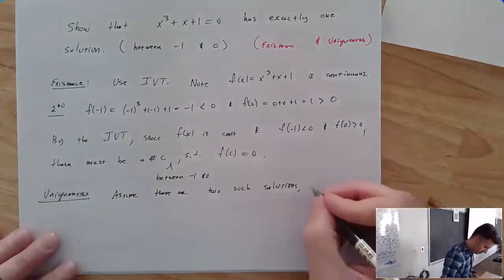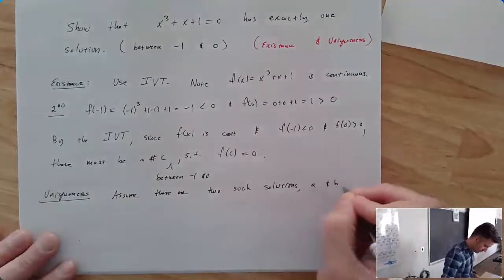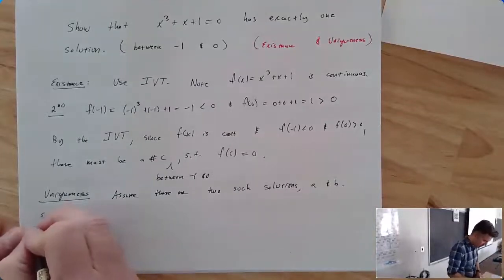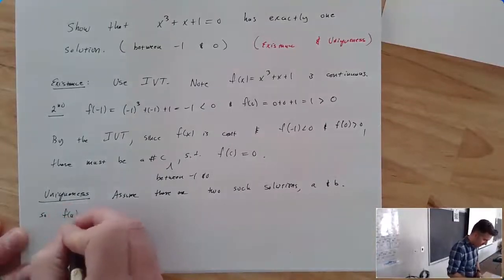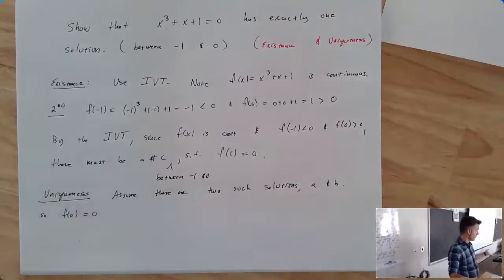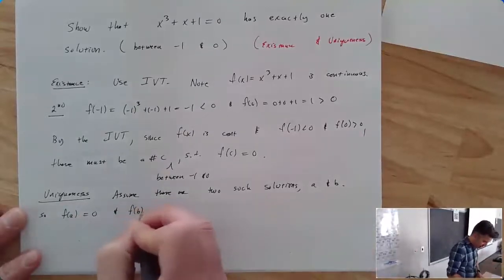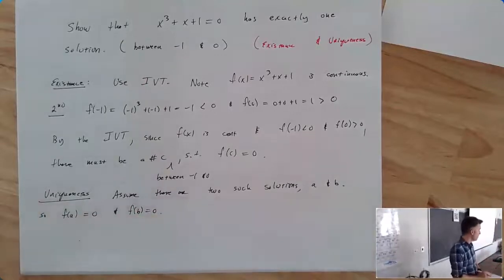Call them A and B. Okay, so if there's two solutions to the equation, we're calling them A and B. That means that f of A must equal 0 because it's a solution to the equation, and f of B is equal to 0 because it's a solution to the equation. Okay, seems fine so far.